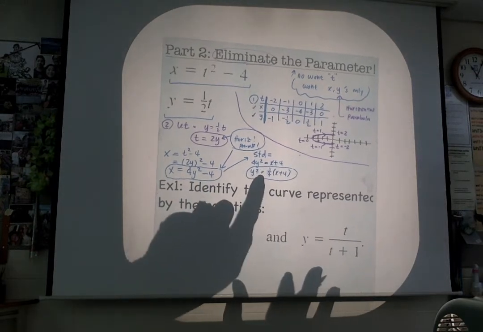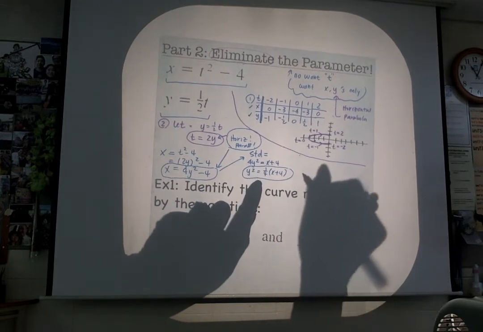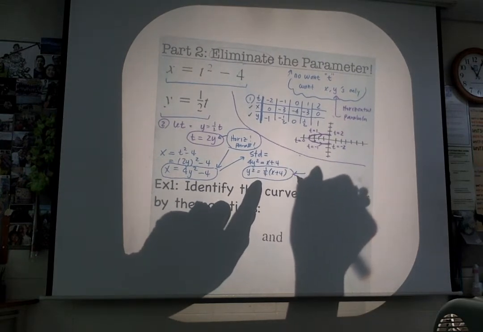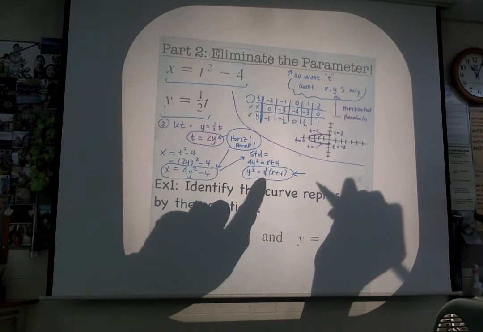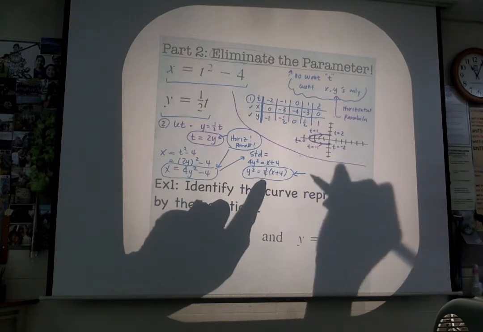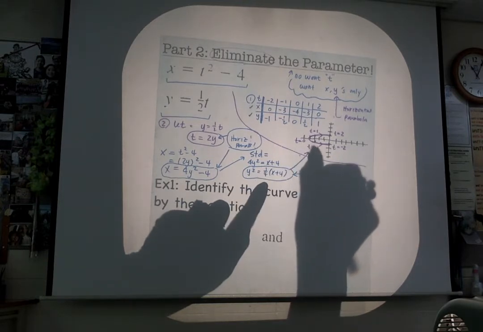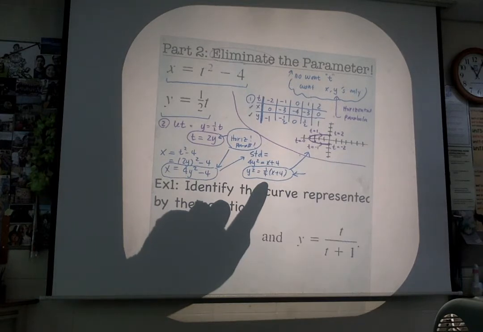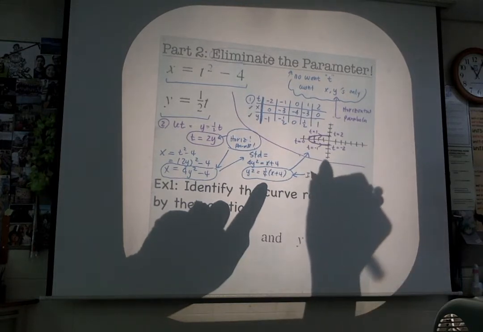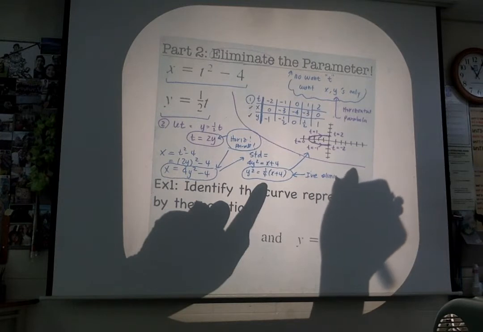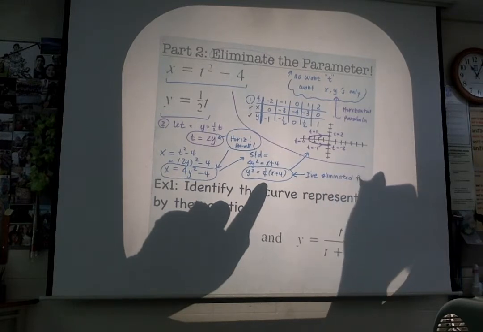If you were to graph this, oh wait, I'm done. I've just eliminated the parameter, and this equation is indeed this graph. How did you know that we're done?